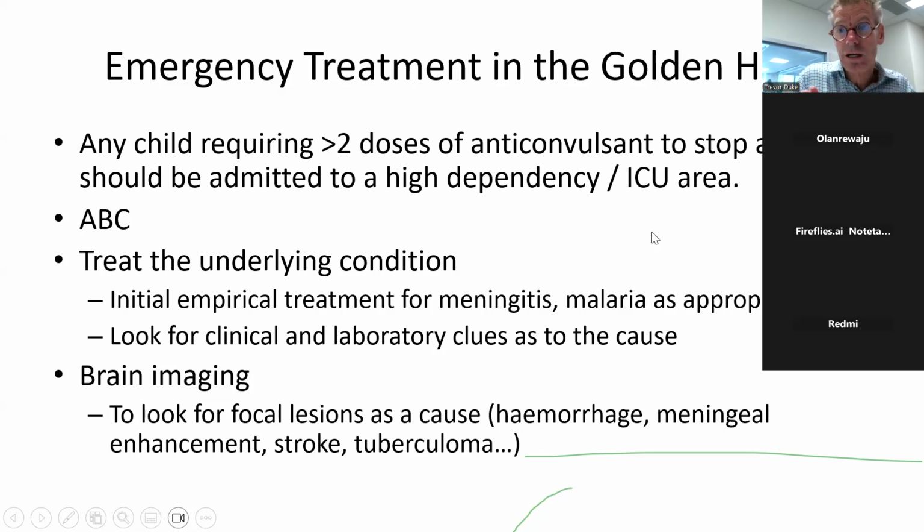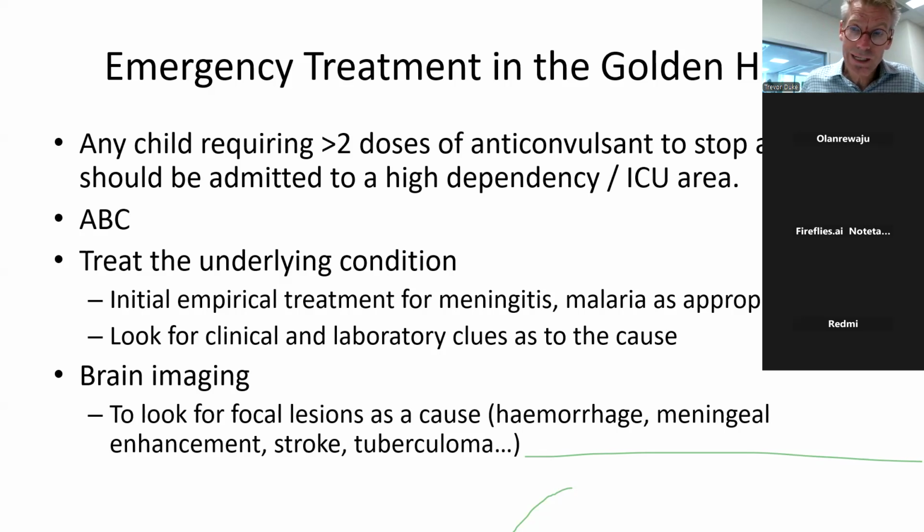Try to make a distinction between a relatively benign type of illness and a child who's got serious CNS pathology, be it any of that list of things we talked about, and treat empirically to begin with. Empirical means you treat to start with and then try to work it out afterwards. Because if you delay treatment until, for example, you were doing a lumbar puncture to diagnose meningitis, then you may have missed the opportunity to treat a child properly. And remember, I talked before about the golden hour. I think that's very important in children with status epilepticus or prolonged seizures.